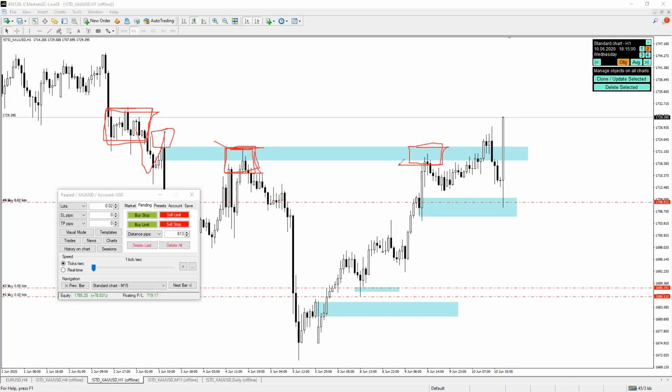Once it breaks that high, because you can see we had this high, test it a bit. And then the moment we start seeing a break to the upside, that means that we are coming to this area here. So now, since we are seeing price react from this, if we see a break above this, we'll now be selling from this point here. So that's the next point that I'm looking to actually sell.